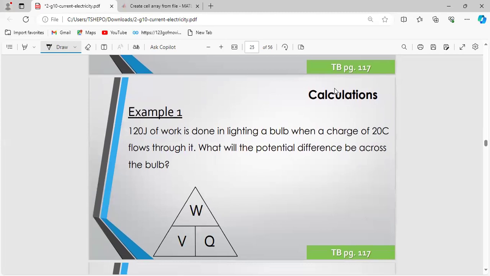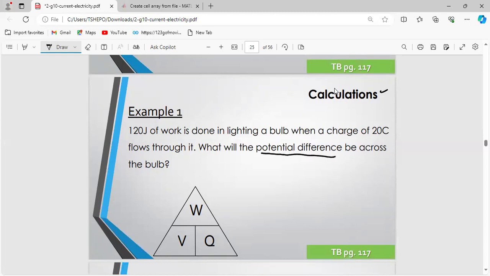Now let's have a look at example number 1. Based on the calculations, if 120 joules of work is done in lighting a bulb when a charge of 20 coulombs flows through it, what will the potential difference be across the bulb? So what are we looking for?